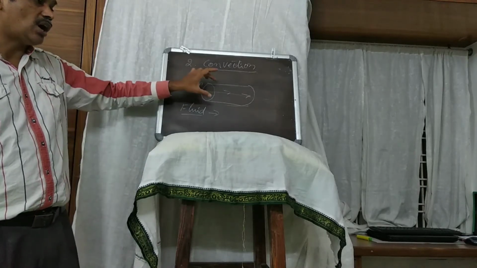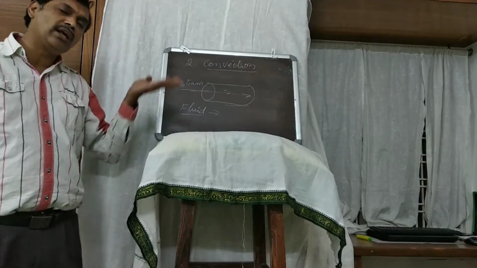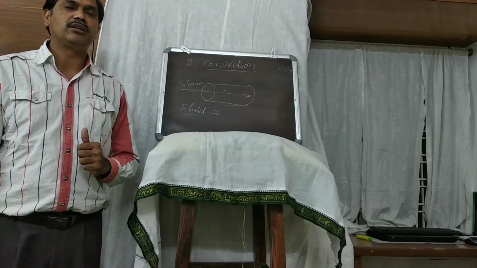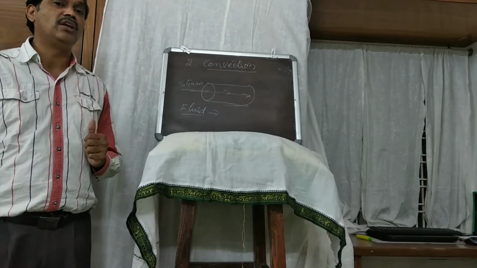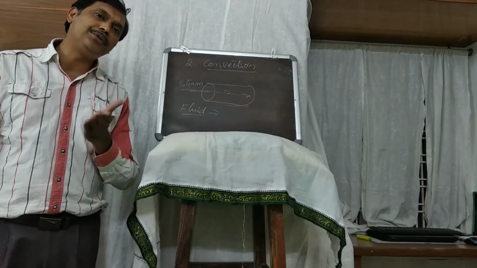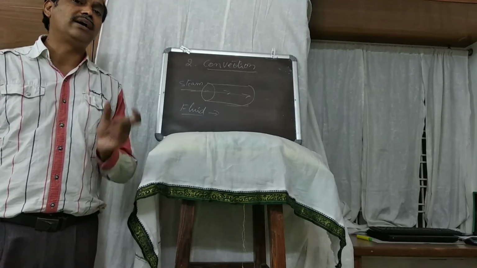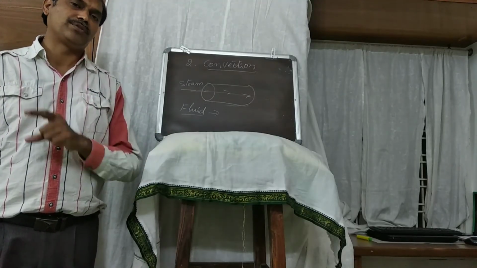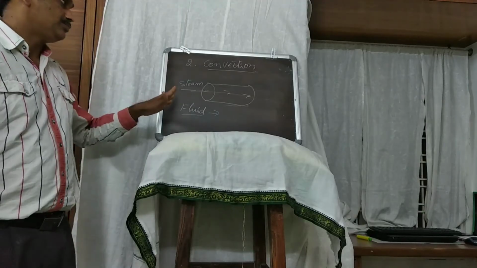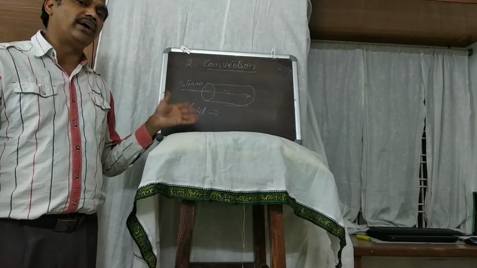Here it is not only conduction heat transfer, one more heat transfer is there. That is called convection. This convection heat transfer is accompanied along with conduction, that is conduction plus convection. Now we can easily define convection.